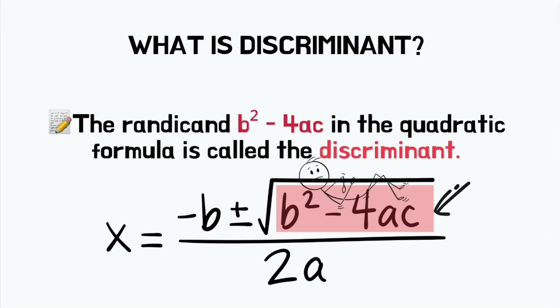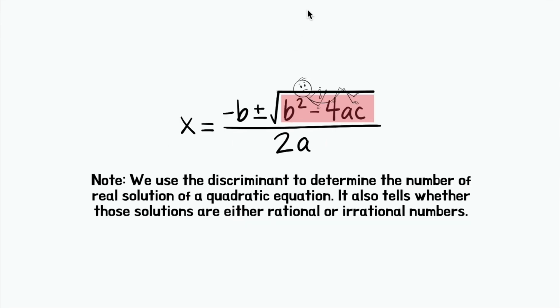Okay? So, as you can see, I have a note here. We will use discriminant to determine the number of real solutions of a quadratic equation because I have presented to you the different cases, no? Minsan meron tayong dalawang roots, minsan meron tayong whole number na roots, minsan meron tayong irrational number na roots, minsan meron din tayong ma-encounter na isang root lang, minsan wala.